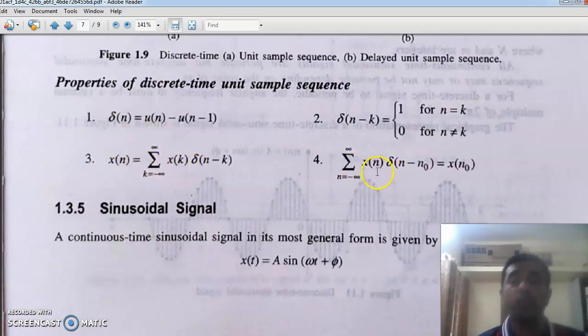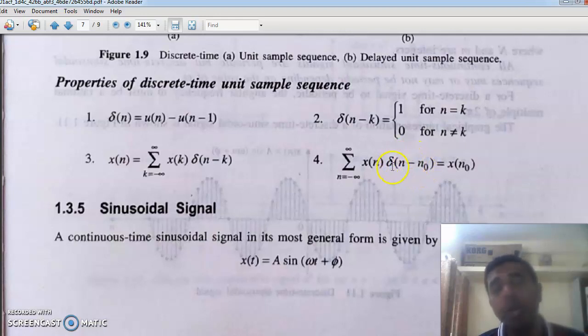Now what is this one? I have delta of n minus n naught. That means it has only one value at n naught, of height 1. So even though I perform my summation for all values of n from minus infinity to infinity, I have only one sample of delta at n naught.